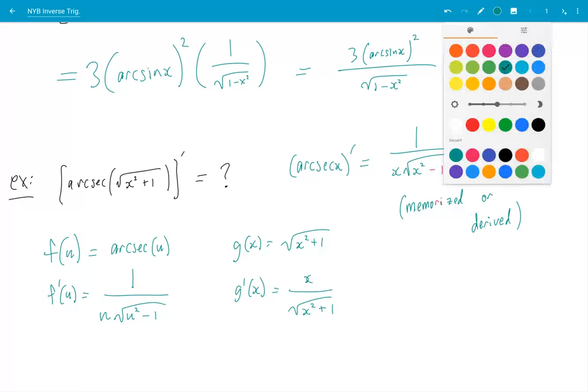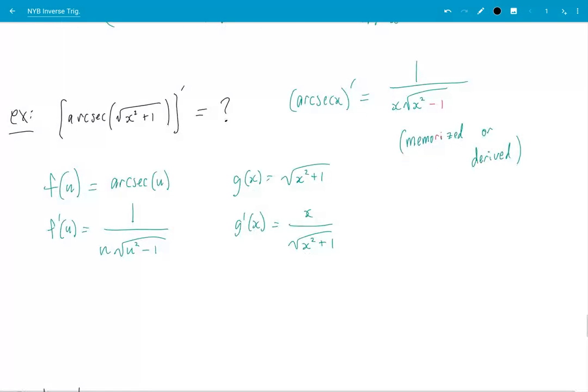Okay, putting this all together, I get f prime with g plugged in times g prime. Whew, that's going to be unpleasant.